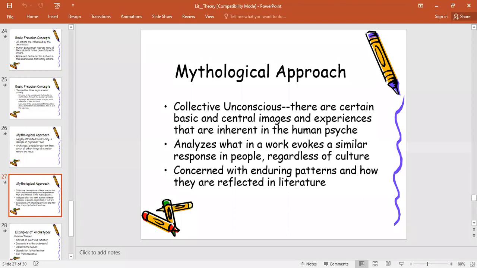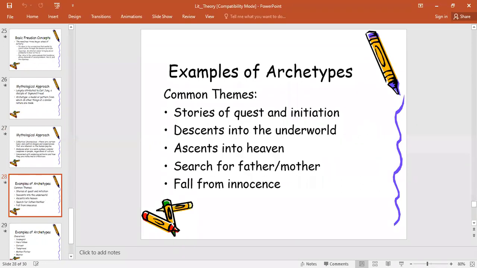Such work evokes a similar response in people, regardless of culture. It is concerned with enduring patterns and how they are reflected in literature. Examples: stories of quest and initiation, descents into the underworld, ascents into heaven, search for father and mother, fall from innocence. These are the common themes of archetypes.